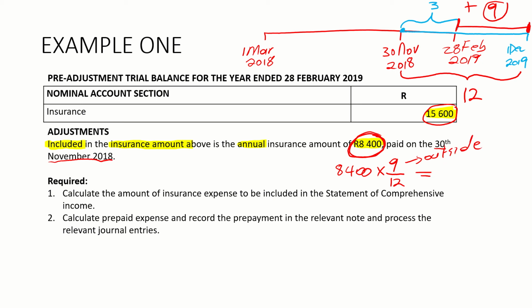So 8,400 multiplied by 9 over 12 will give you 6,300. This 6,300 will be recognized as a prepaid expense.